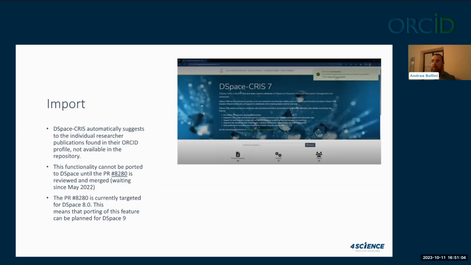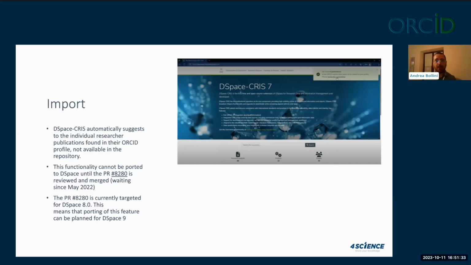Another major difference is related to the import functionality. DSpace-CRIS is also able to automatically suggest to individual researchers publications that are available on their ORCID profile, but not yet available on the repository. And this is done with two different mechanisms. If you just have the member API, we are polling the ORCID API to discover new content.